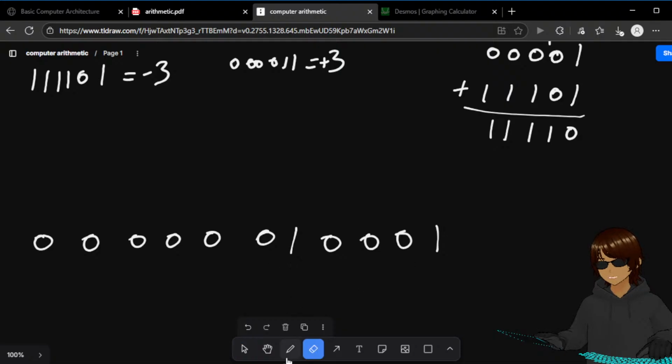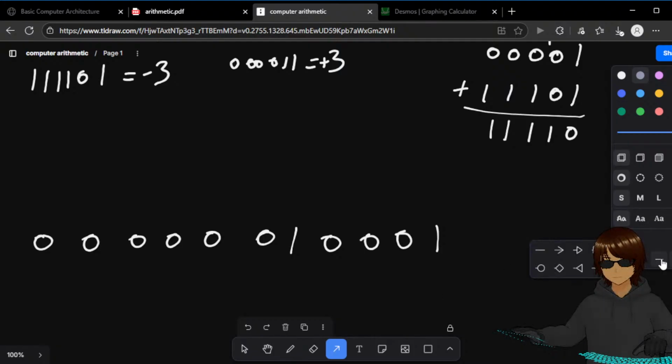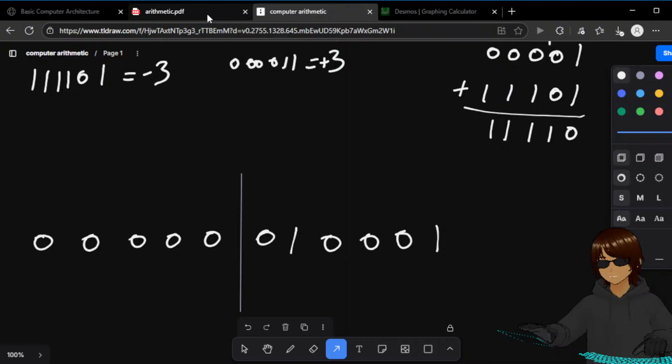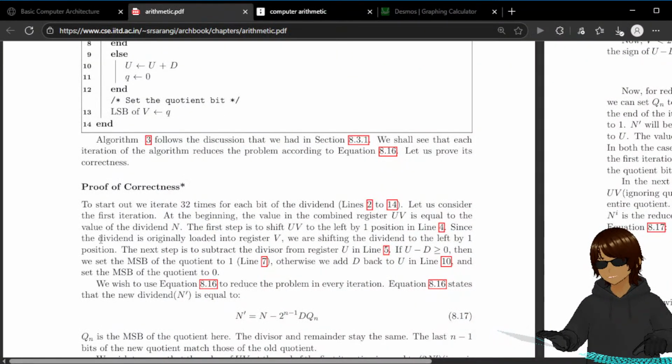I think it's easier if I have a large gray line. Since the dividend is originally loaded into V, we are shifting the dividend to the left by 1 position.